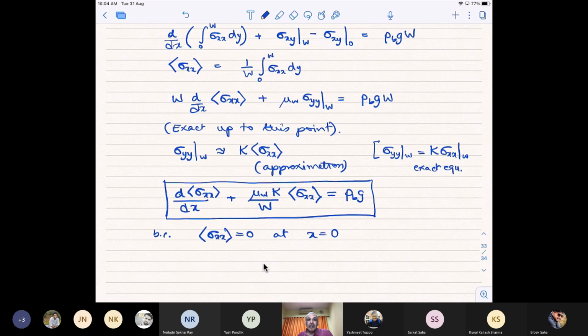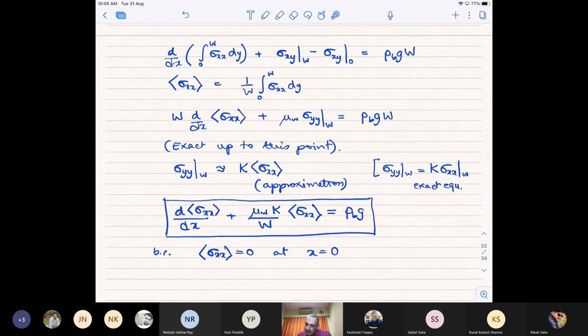So this is what is known as the cross-sectionally average solution. And what is the approximation? Here is the only approximation that we have made: instead of writing k times sigma xx at W, we are replacing it by the average value of sigma xx, and then we can get a nice solution.